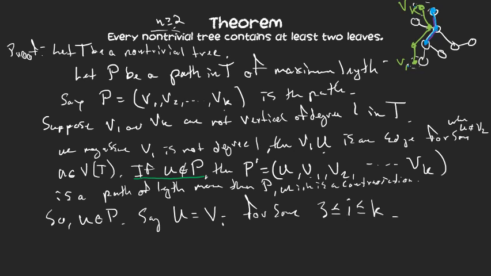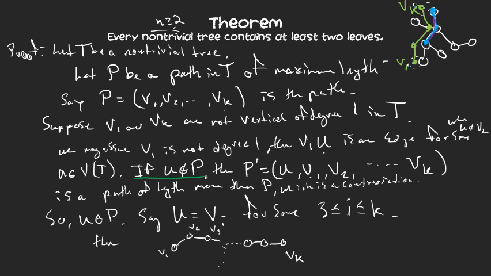Well, that means I'm going to have a cycle, right? Let me try and draw this for you. Then I would have V1 is here, and I know I go V2, V3, dot dot dot. I might have some other vertices here, but here I am. I know I end with Vk.